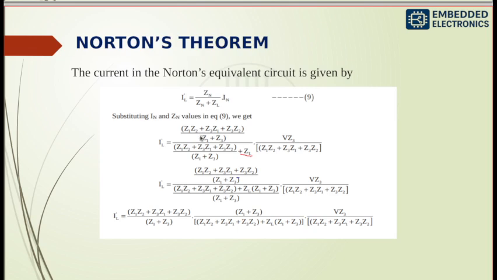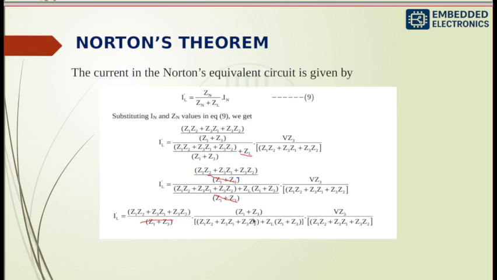Now you need to see the same written here. Z1 plus Z3 here both are same, so you can cancel it. Then you will get the equation Z1 Z2 plus Z3 Z1 plus Z3 Z2 divided by, that is only what they written.